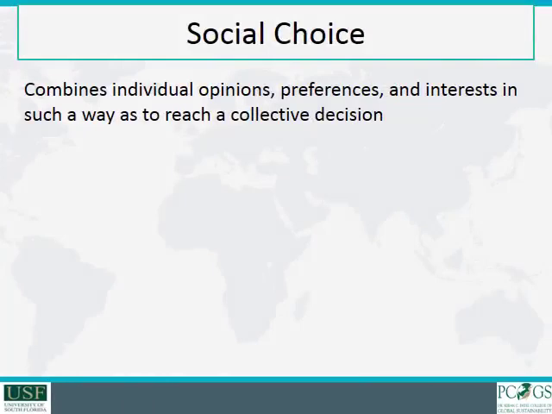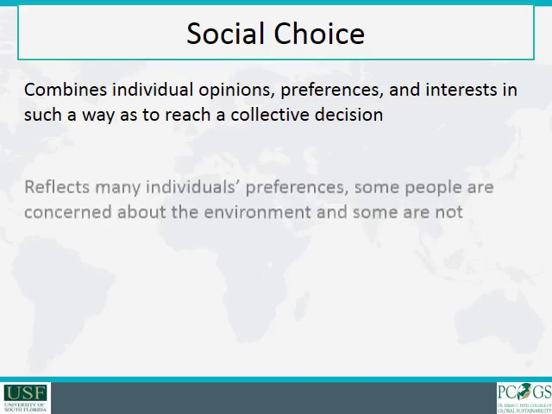Social choice theory combines individual opinions, preferences, and interests in such a way as to reach a collective decision. Or said another way, it combines their individual welfares in such a way as to reach a collective social welfare. It aggregates or sums up individual preferences into a social welfare function.